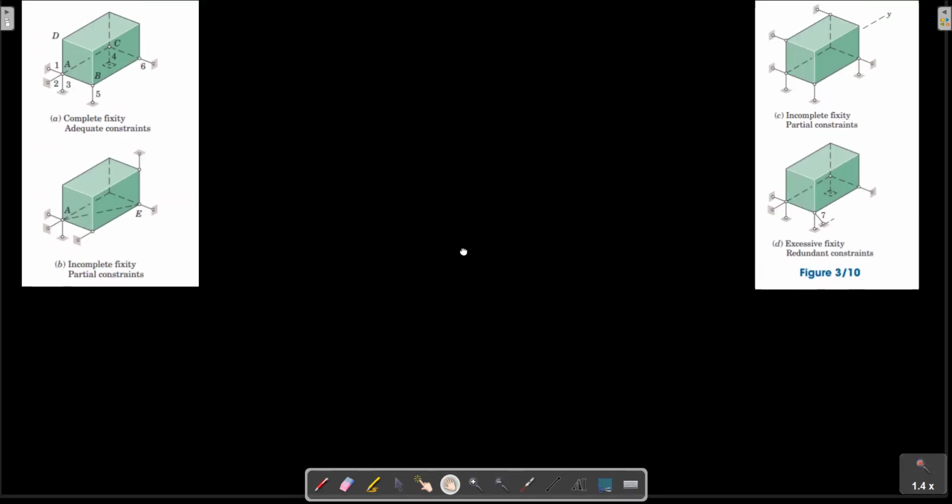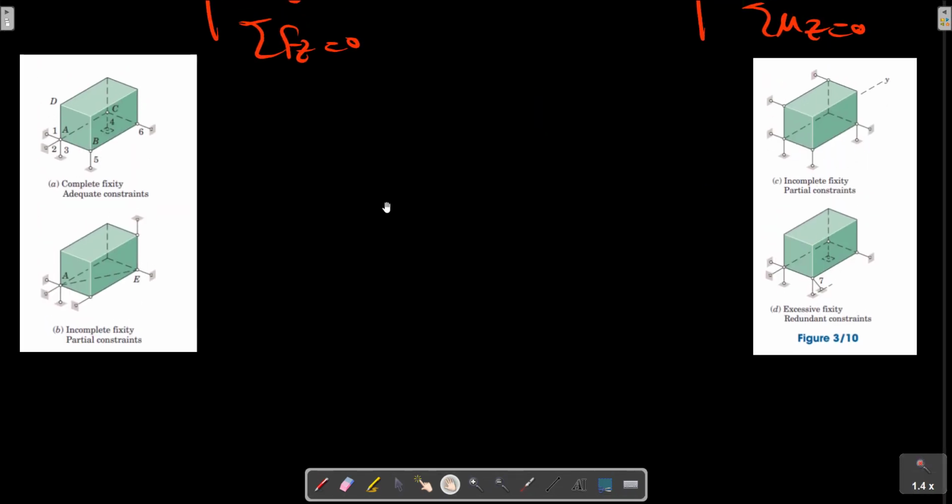These 2 pictures provide examples for constraint and determination, statistical determination. Part A of the figure shows a rigid body whose corner point A is completely fixed by the links 1, 2, and 3 as shown in this picture here.